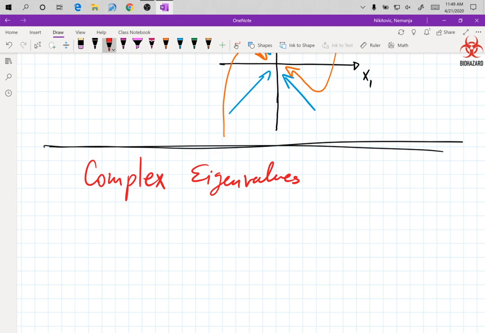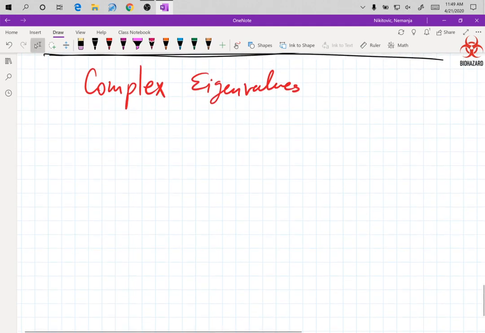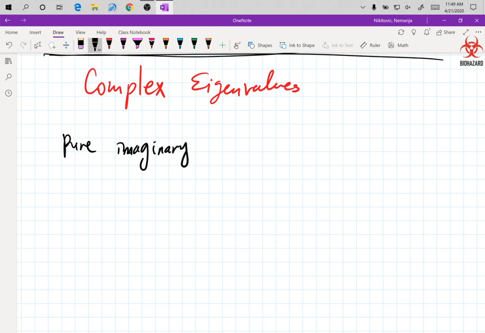So pure imaginary lambdas. So that means no real part. Some of you will go, duh, but hey, we're not all dealing with complex numbers all day long.